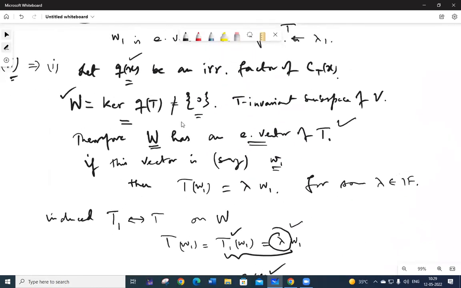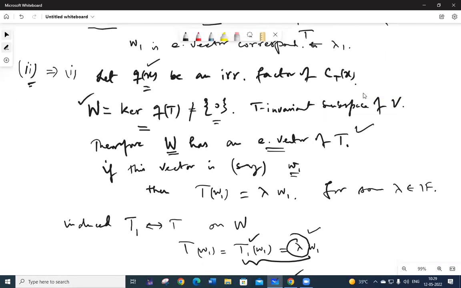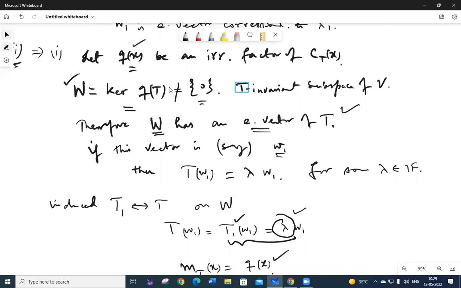So the first one is that C_T should split in the linear factor. So you are taking the irreducible factor. We are to prove now that C_T(x) splits. But you are using the primary decomposition. No, not here. Here you have only taken the irreducible factor. Then you consider that should be rather monic. If you take monic, then it would be very good.